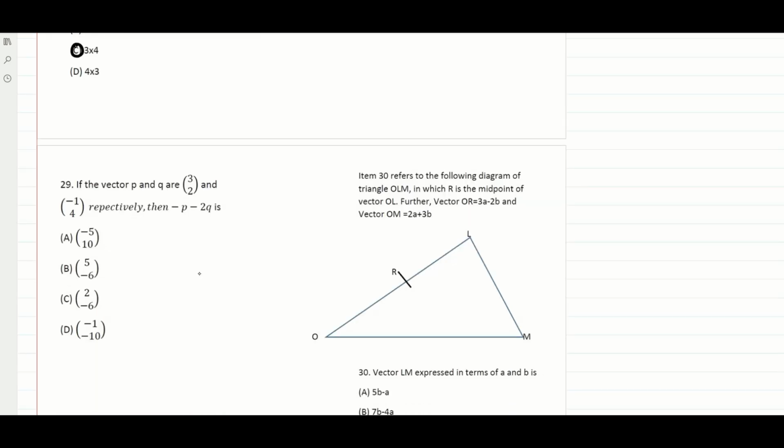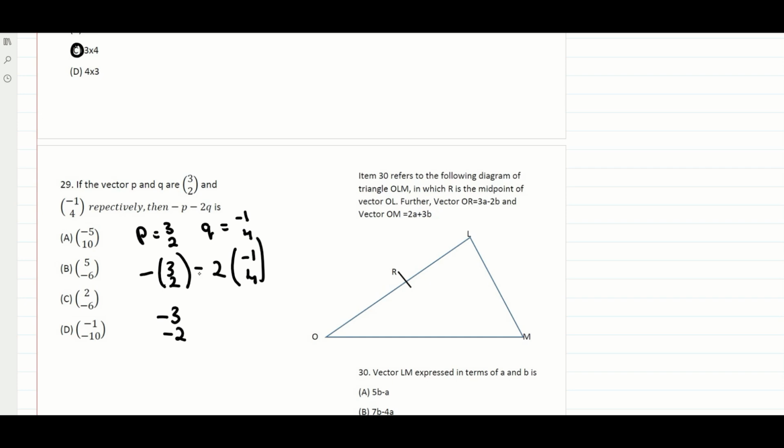Here they said P is equal to (3, 2). And Q is equal to (minus 1, 4). Then minus P minus Q is equal to what? What is minus P? That would be minus (3, 2), minus 2 by (minus 1, 4). This is minus 3, minus 2, right?